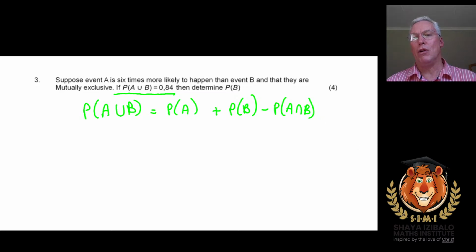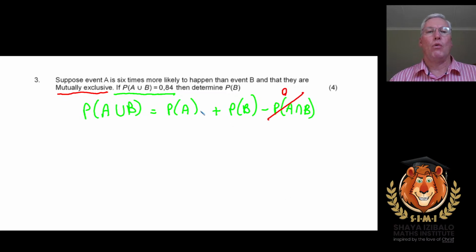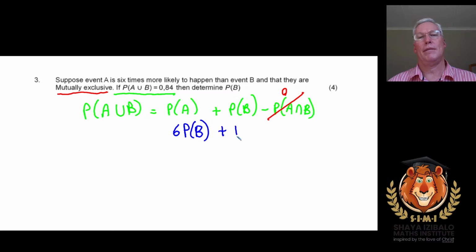But we know that these are mutually exclusive. If they're mutually exclusive, this is 0. We also know that event A is 6 times more likely than event B, so instead of event A, I'm going to write 6 times the probability of event B. And this comes to 0.84.